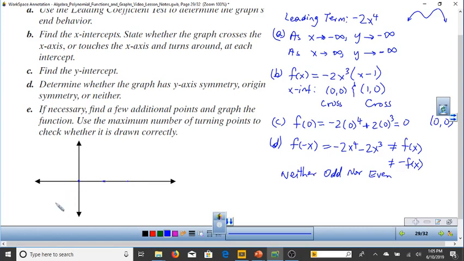Now when it crosses at 0, 0, it starts low. And then when it gets to 0, 0, it's going to do a little lingering before it moves on. That's because the multiplicity is bigger than 1, so it lingers a bit before it moves on. So that's what we were talking about here.